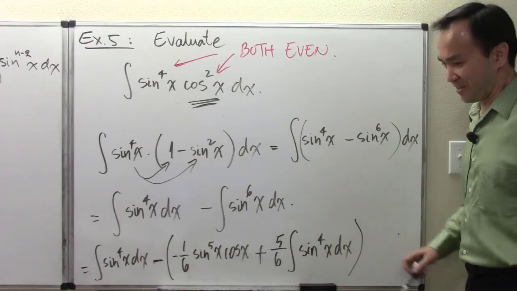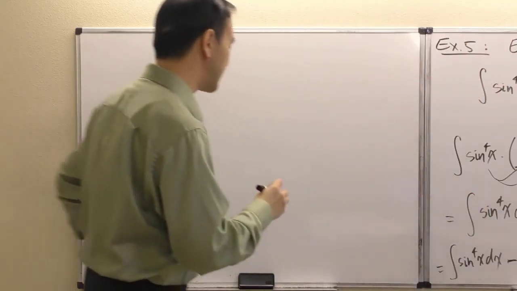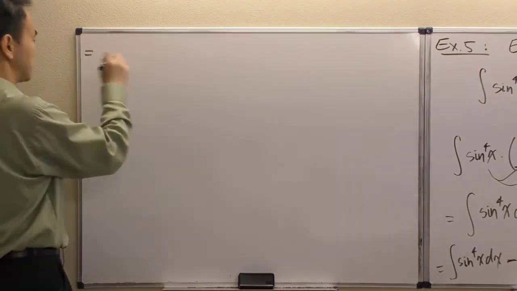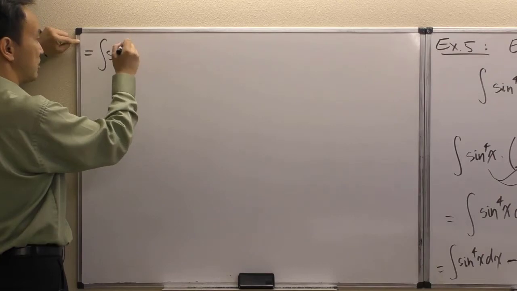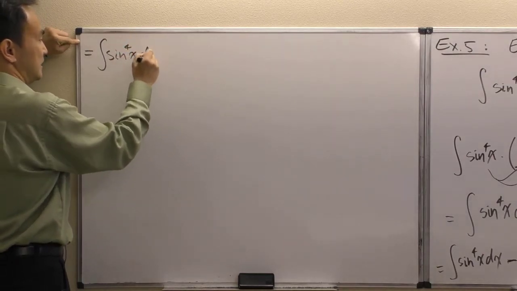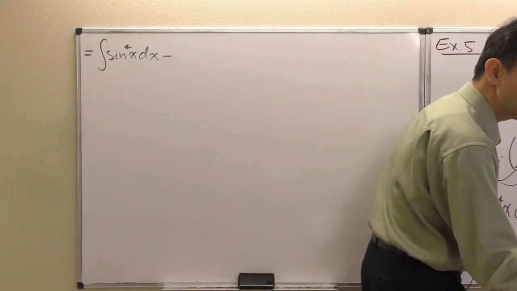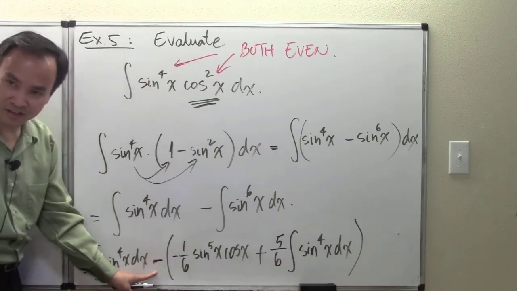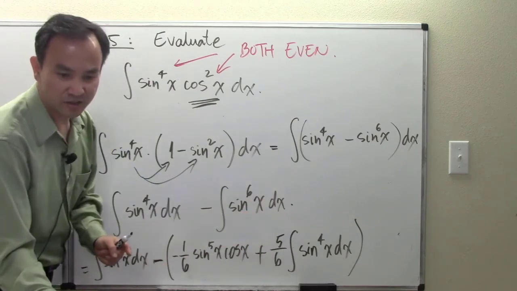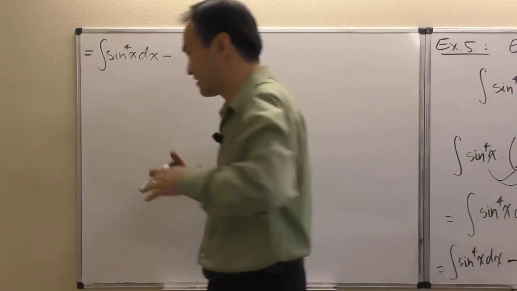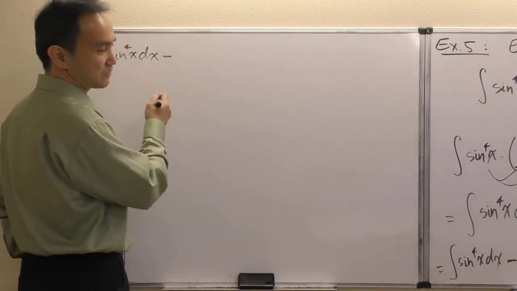Now in the next step, notice the first term still stays the same, the integral of sine to the 4th of x dx. But now I'm going to start distributing that negative sign into each term so that I can remove the parentheses, and then we're going to start recognizing like terms, and it's going to start surprising us from that point.